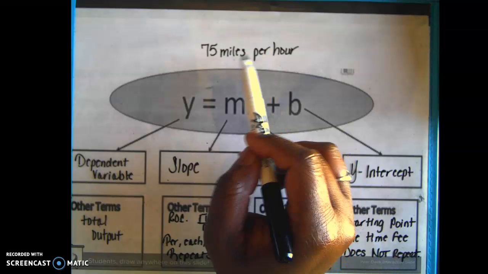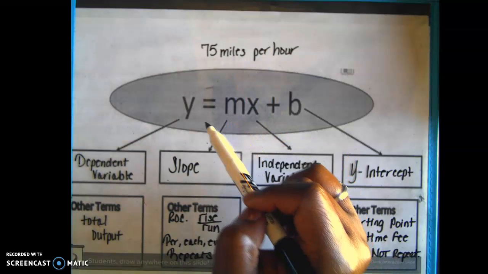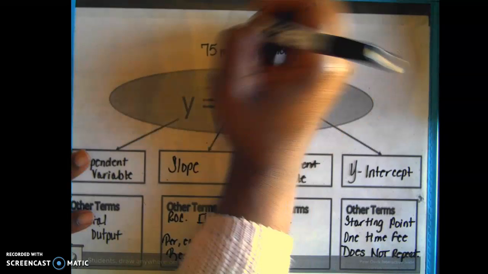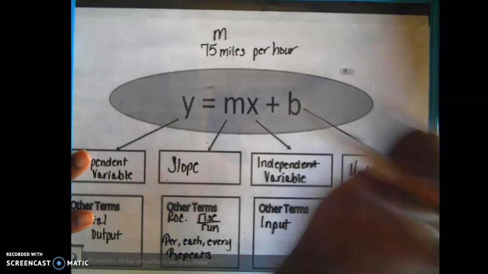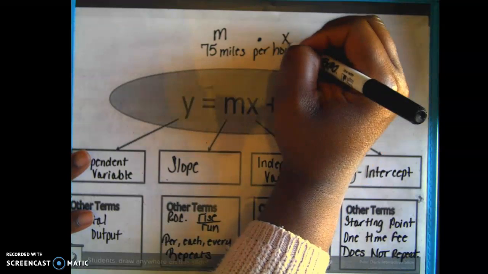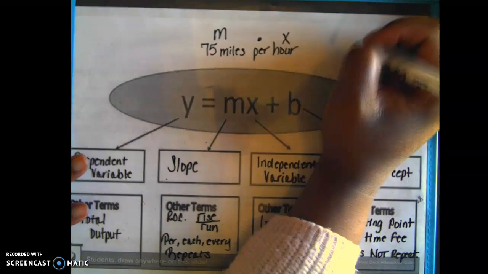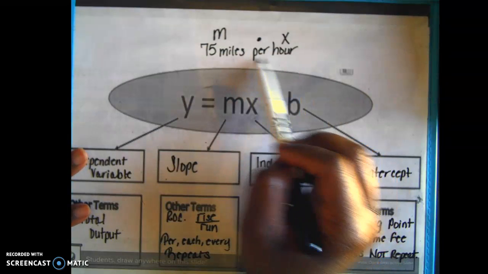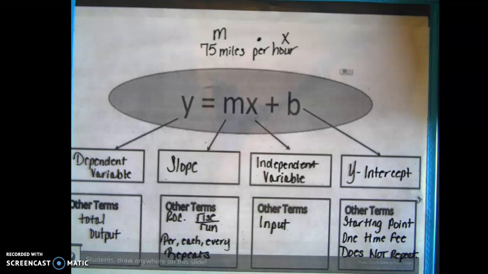Well, we know 75 would be the slope. It repeats because we know that by per an hour. So 75 is your M, per is the multiplication, and hour is your X. That's how I identify my variable. My independent variable typically comes after per, each, or every, and it's in the question.